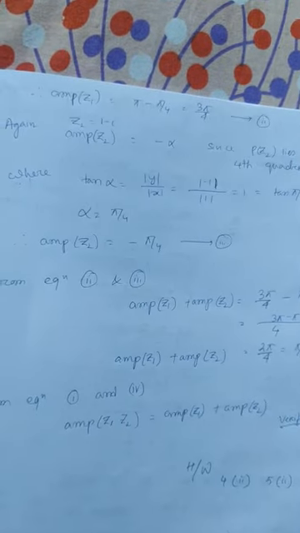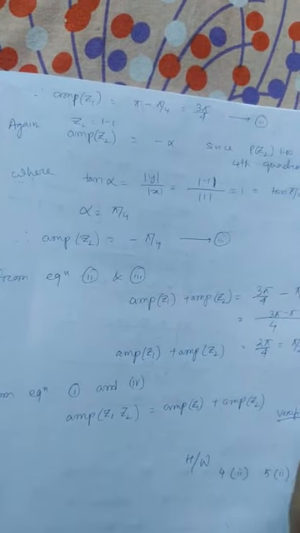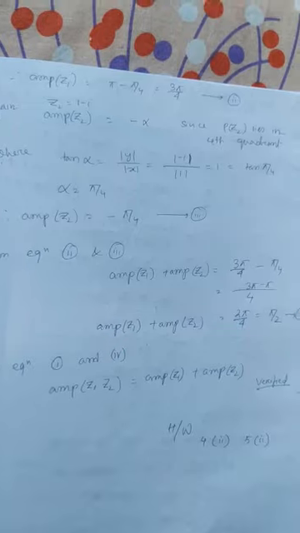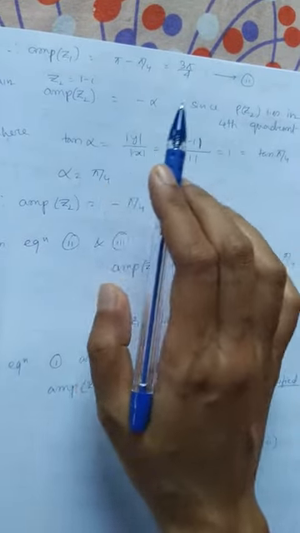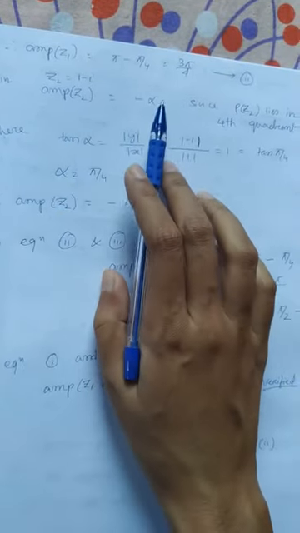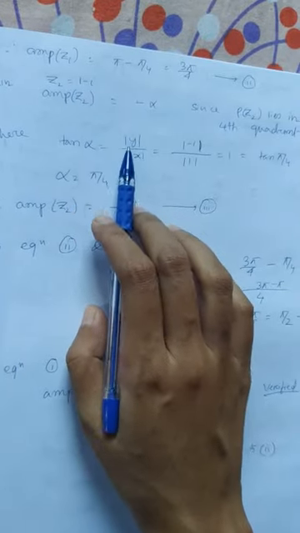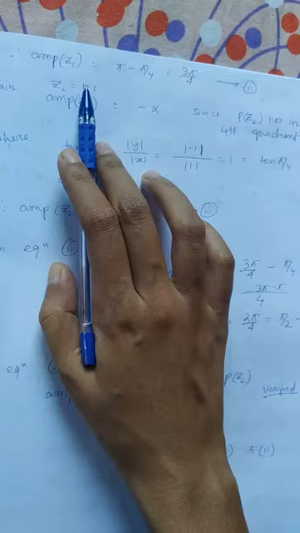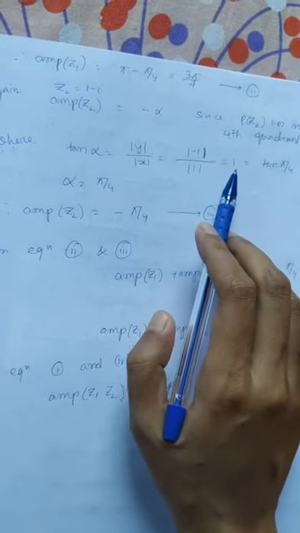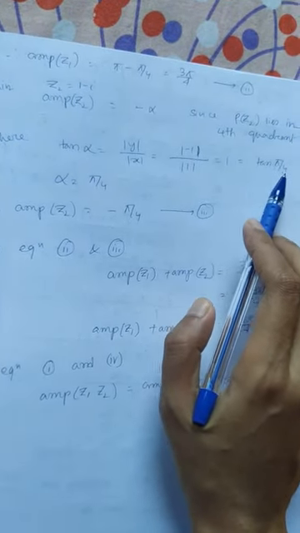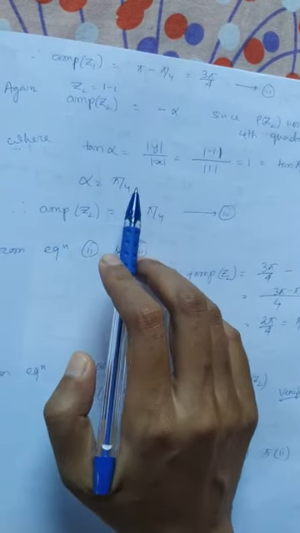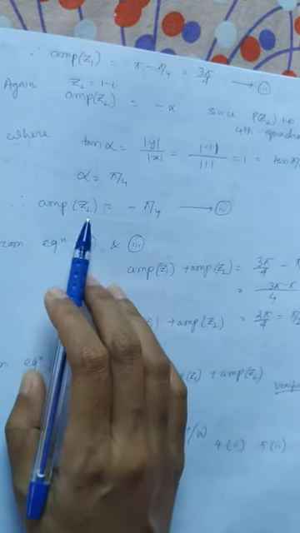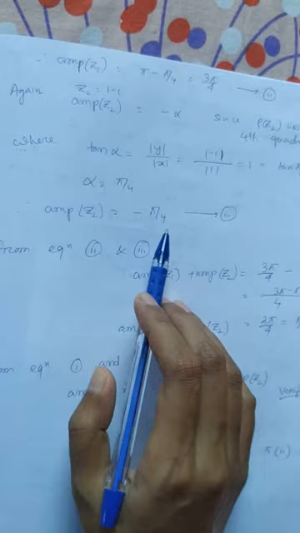This is known to us because I have told you in the previous videos. If you haven't seen them, just watch those videos and it will be clear to you. Now tan α equals |y|/|x|, so y is 1 and x is 1, so it is ultimately 1, so tan α = tan π/4, so α = π/4. So the amplitude of z2 is −α, meaning −π/4.